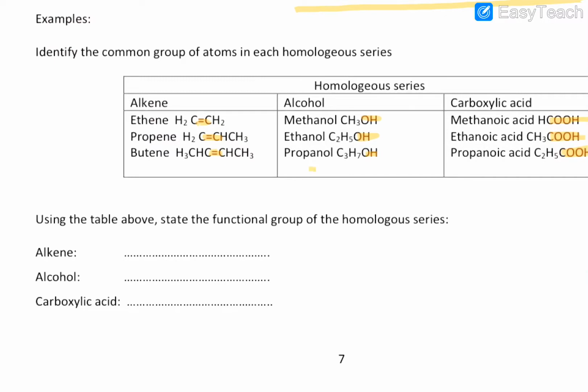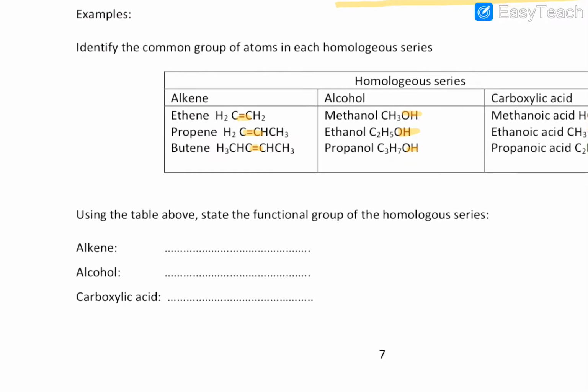So what's the functional group of alkene? C double bond C. For alcohol, it's OH. And for carboxylic acid, it's COOH. I'll put a bond just here, just to show that this is going to be linked to something. Okay, so these are functional groups.